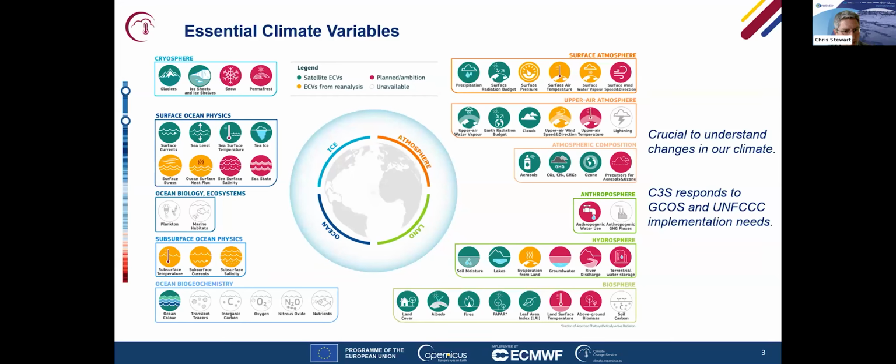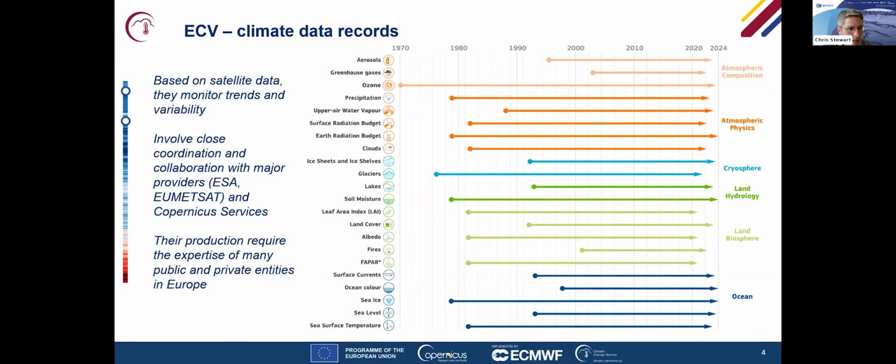So what you see in this figure is the essential climate variables. So these are variables as defined by the Global Climate Observing System that really characterize the climate. And you can see they're grouped into different variables of the surface, of the atmosphere, hydrosphere, the cryosphere, and so on. So these are variables that can be measured and that accurately describe the state of the climate.